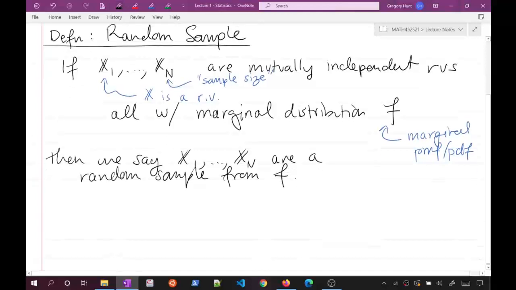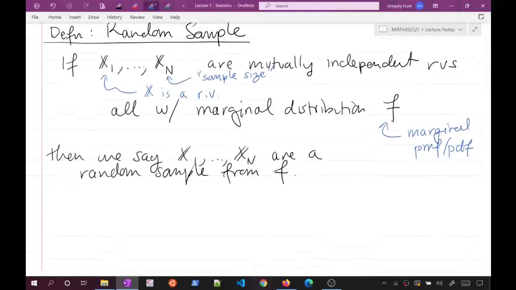One way you could denote this is to say that the X sub n are independent and identically distributed following F.